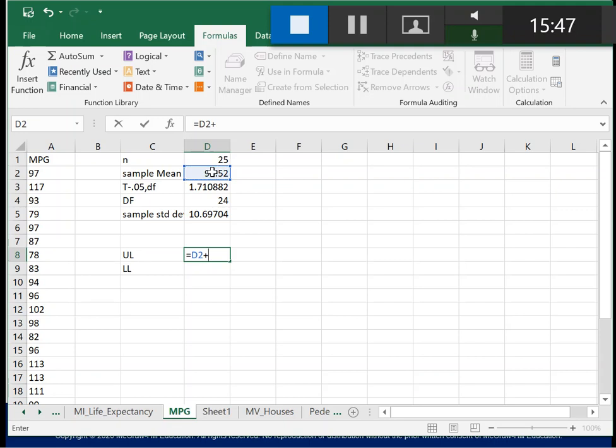So for the upper, it's plus the t-score times, I'm going to open my parentheses, the sample standard deviation divided by the square root of the sample size, which is 25, close all my parentheses, and I get 100.18. So that's the upper limit of my miles per gallon. That's the upper limit of my confidence interval.